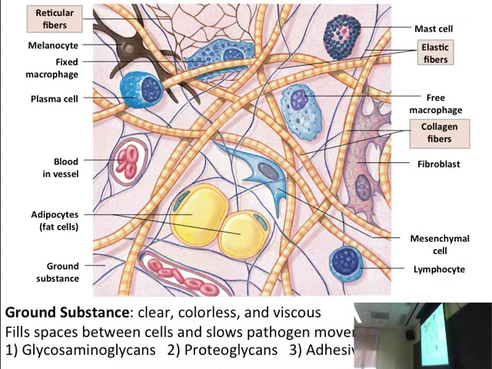That's the way I imagine ground substance to be. Honey is not quite the right description because honey will drip off of itself. This is like a goo that sort of sticks together. It's viscous, it's clear. It makes it really hard for bacteria to just cruise through the tissue. They have a hard time swimming through.